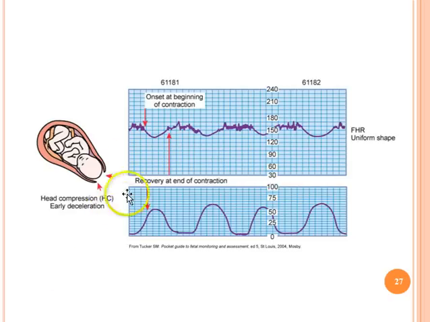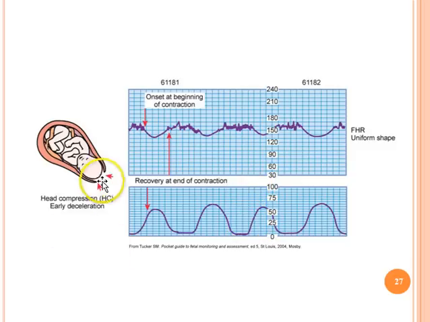This graph is showing head compression. And remember, when we're talking about decelerations, we need to look at when the heart rate starts to go down in relationship to the contraction, specifically the peak of the contraction. So here it's going down before the peak, going down before the peak.